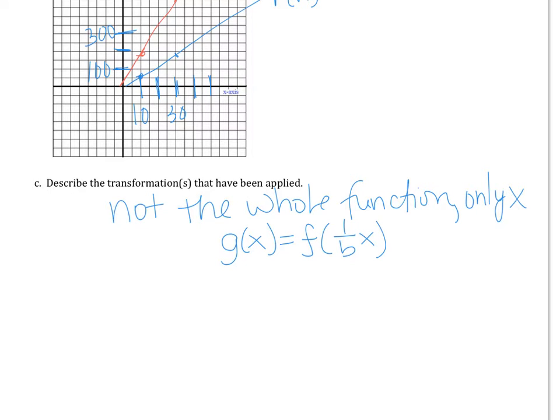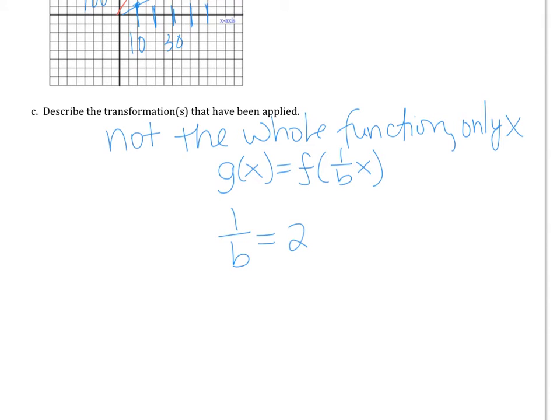So how do we figure this out? Well, we say 1 over b equals 2, and we solve for b. How do we solve for b? I'm going to multiply both sides by b first, and then divide by 2. So b equals 1/2.